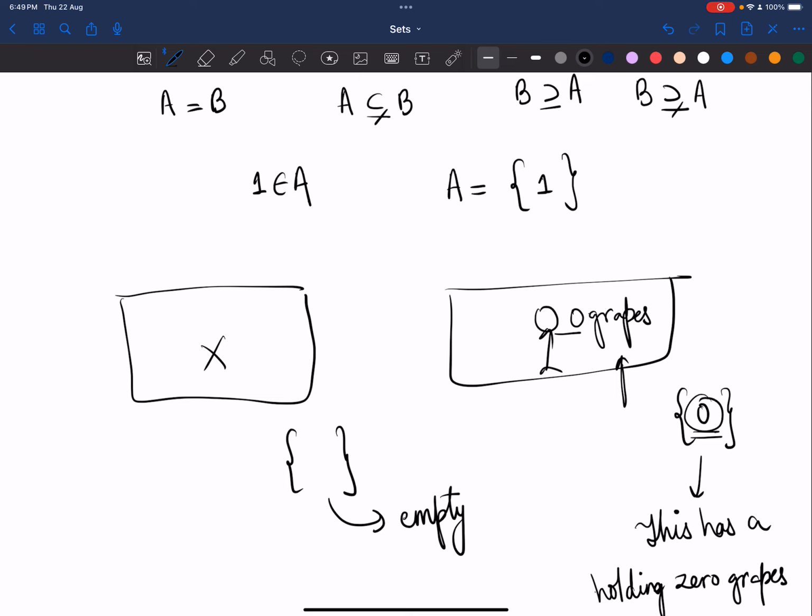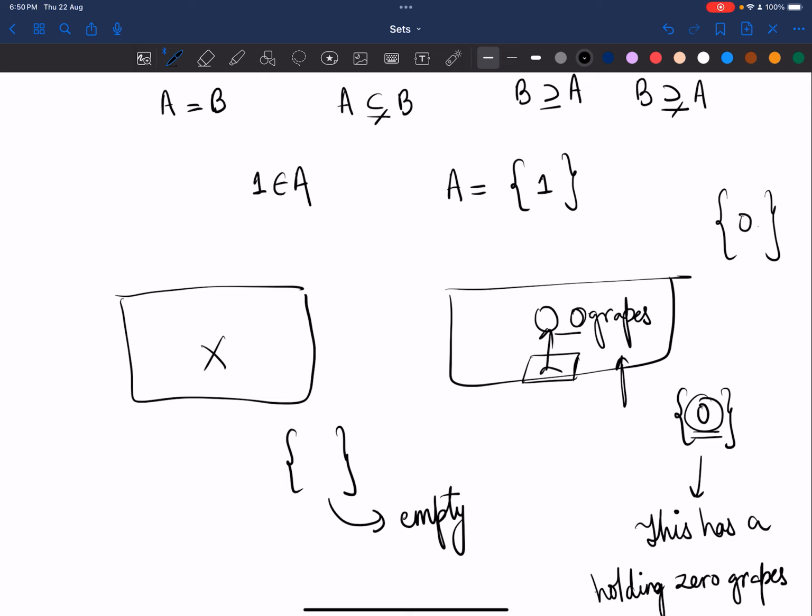So what I want you to understand, when I write 0 inside a set, yes, there's literally no grapes in the room, but we are allowing a position, a small area in the room where you can have no grapes. So you have a position for a man who can have 0 grapes.